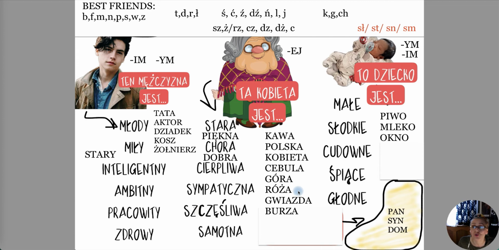So here, for instance, we've got róża, a rose. So myślę o, I'm thinking about a rose, myślę o róży, right? Here we've got u, but here we've got, so let's think about a beautiful rose. We would say myślę o pięknej róży, right?